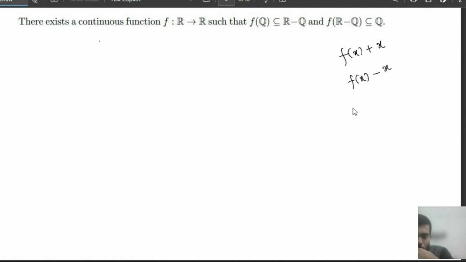But it has a special property that whenever you plug in an irrational number, f(x) will give you a rational, and since x is an irrational number already, it will give you rational plus irrational number, right? So the sum of rational plus irrational, what is it? Is it rational or irrational?